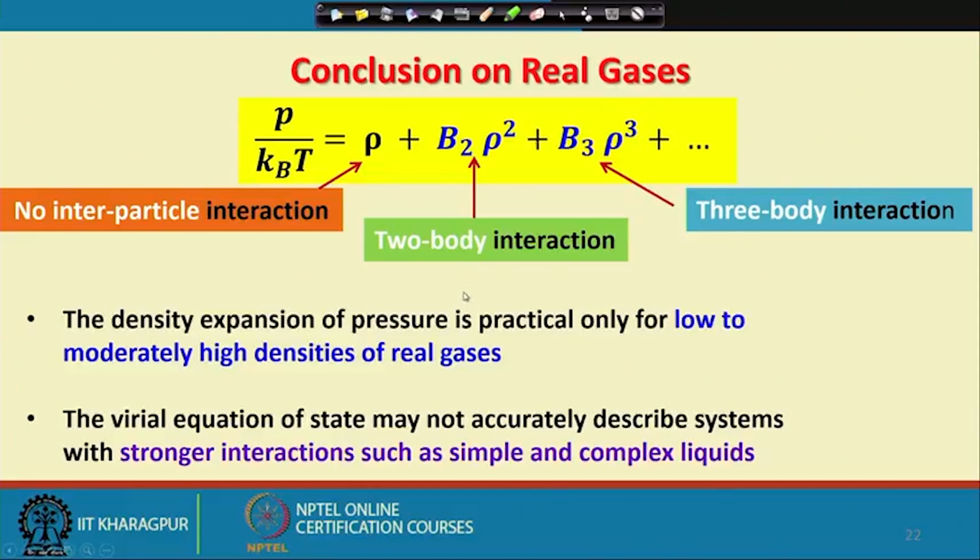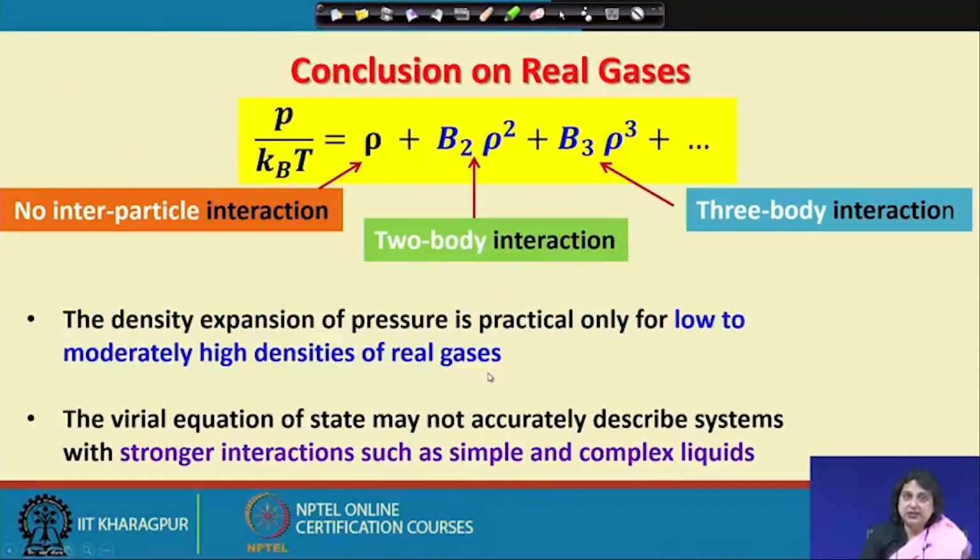Therefore, although the virial equation of state is extremely useful in gaining insight into how the underlying intermolecular or interatomic interactions are going to affect the thermodynamic properties, the virial equation of state is not that useful in systems which exhibit stronger interactions like simple liquids like liquid argon or complex liquids like water.